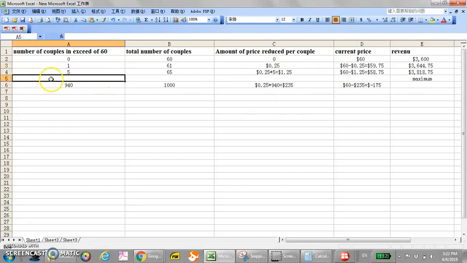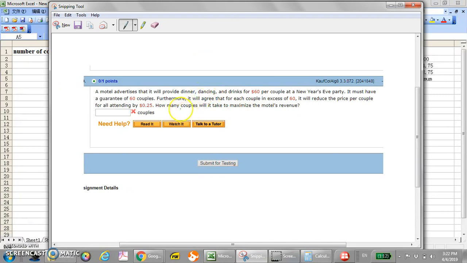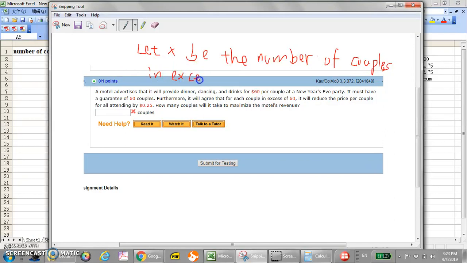So here what we can do is, instead of setting x as the number of couples coming to the event, we let x be the number of couples in excess of 60.